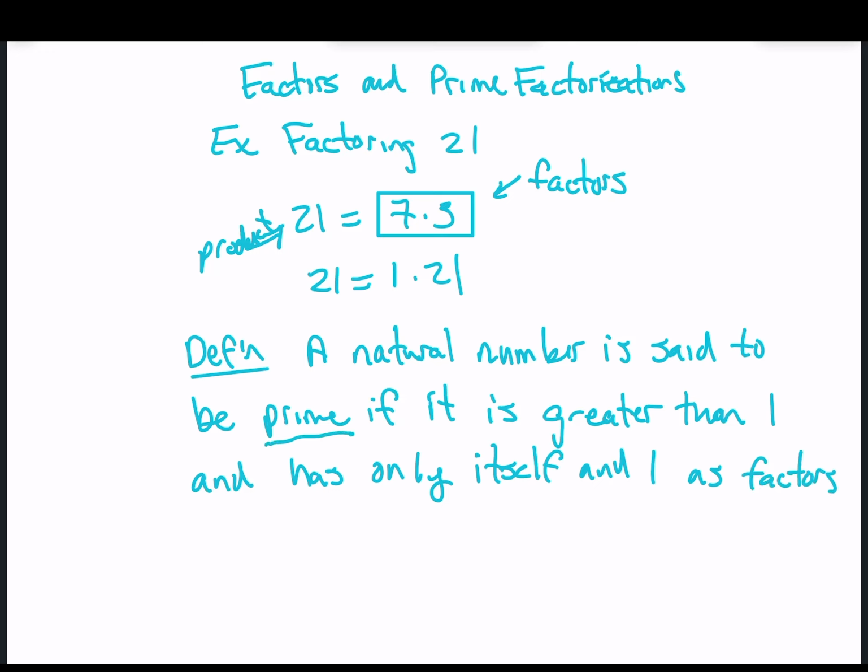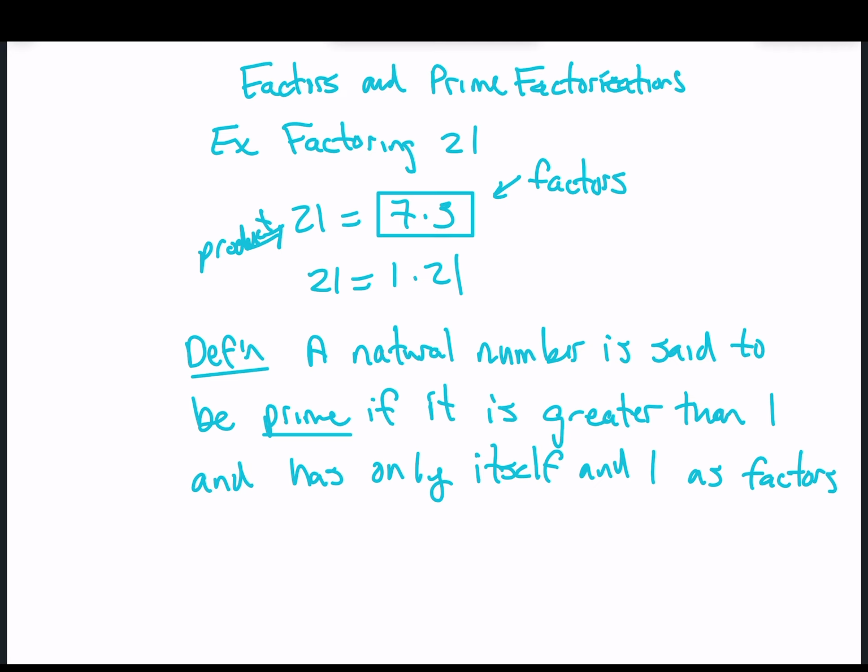So a number is prime if it is greater than 1 and has only itself and 1 as factors. Well, what about 21? Is 21 prime? Well, we know that 21 has factors of 7 and 3, so it can't be prime.